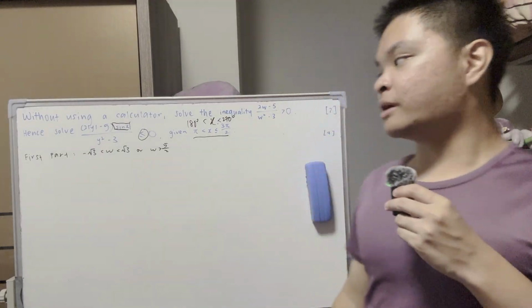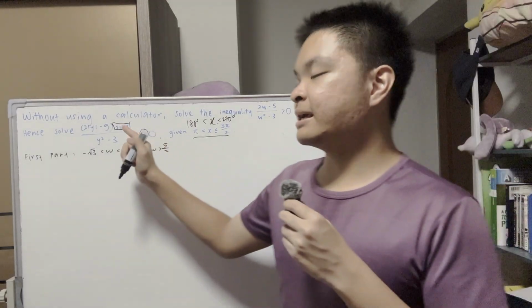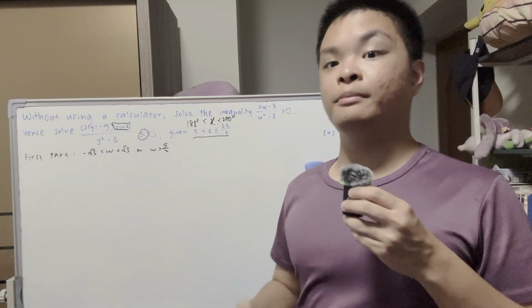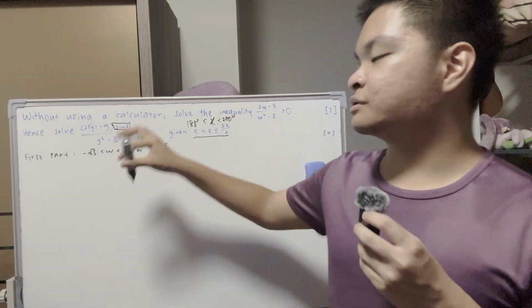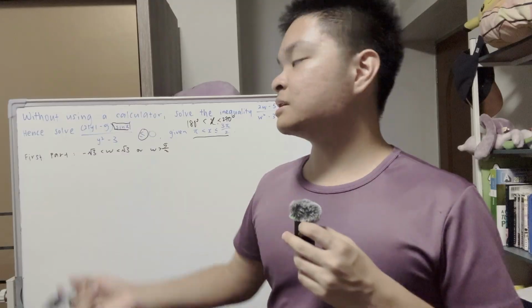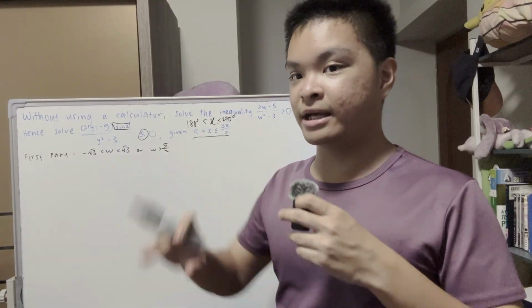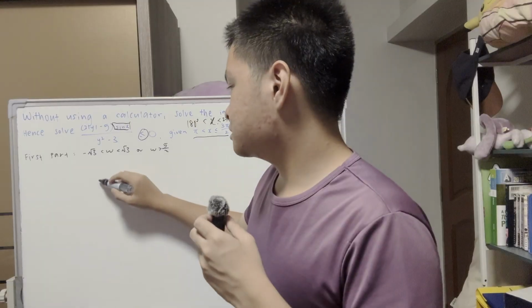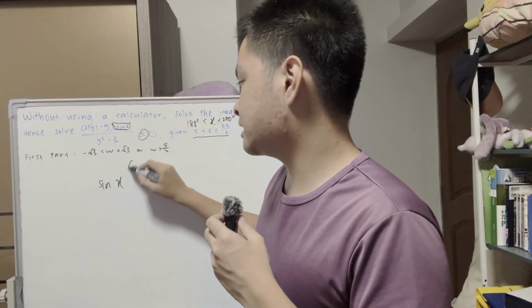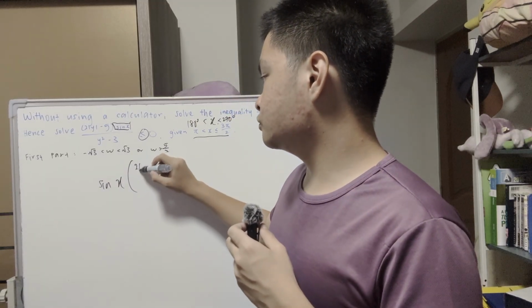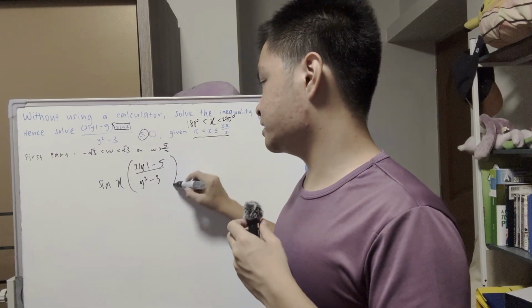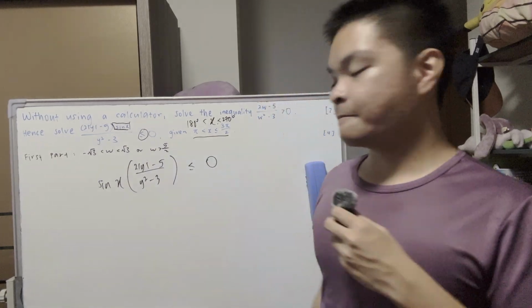Okay, so once we have this, we know that my sine x is negative. To make it clearer, I'm going to separate the sine x. Because technically this is a multiplication, I can bring the sine x out as a coefficient. So I will write down sine x, and then a big bracket, 2 modulus y minus 5 over y squared minus 3, is less than or equal to 0.